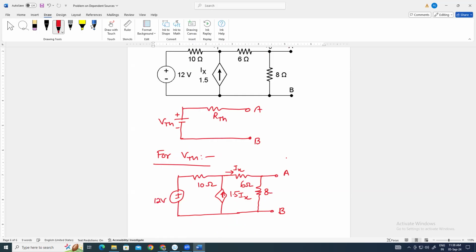So we have to calculate VTH, means VAB, that will be VTH.